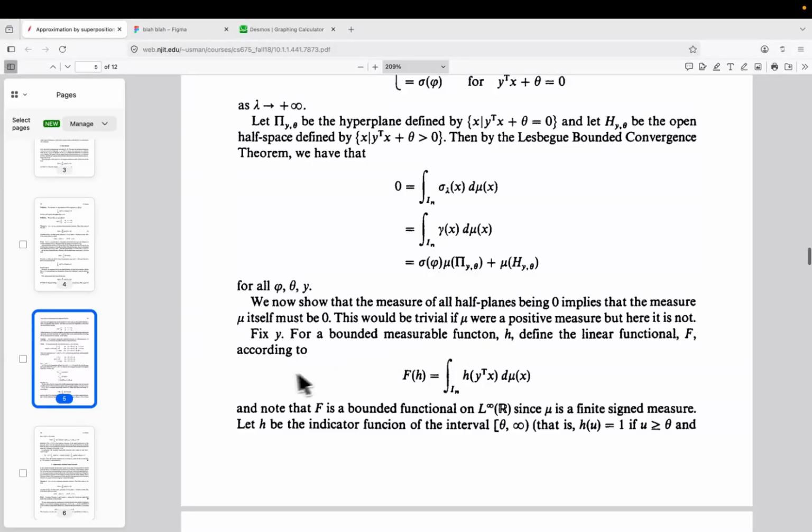We know that the measure of half planes being 0 implies that the measure mu itself must be 0. I didn't know that, but let's say it's a trivial theorem. This would be trivial if mu were a positive measure, but here it's not.